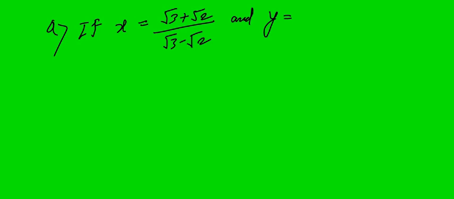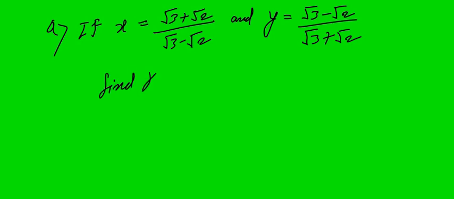It is just the opposite of this x, root 3 minus root 2 upon root 3 plus root 2, and the question will be asked like this: find the value of, or an identity will be asked.